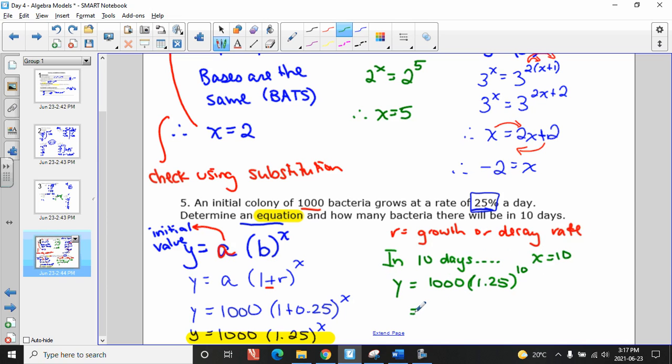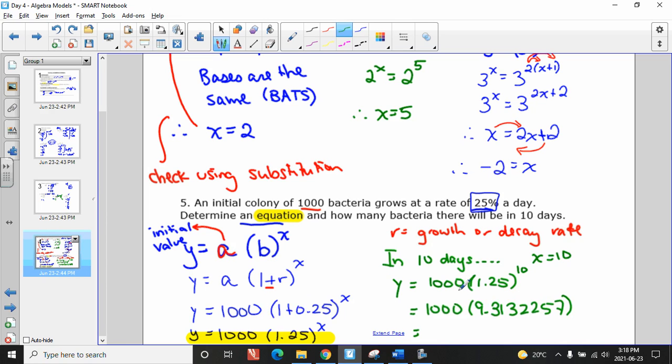So on my calculator, I'm going to deal with the exponent first. 1.25 raised to the exponent 10. And I'm seeing an answer of 9.3132257. So it goes on and on. I probably don't need all those decimal places, but I need to multiply that answer by 1,000.